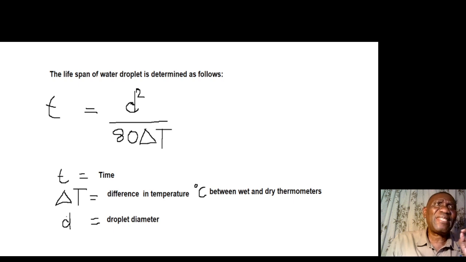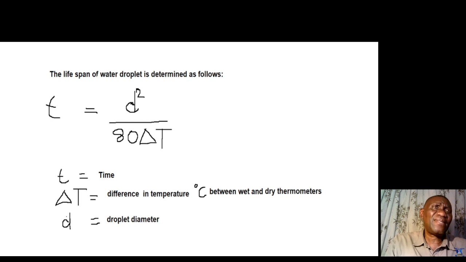This can be determined by this equation. T, which is time, equals d squared over 80 times delta T, where d represents droplet diameter, and delta T is the difference in temperature between wet and dry bulb thermometers.